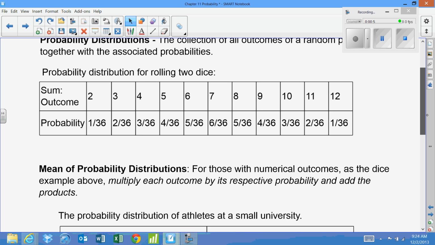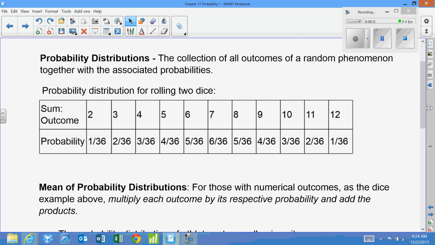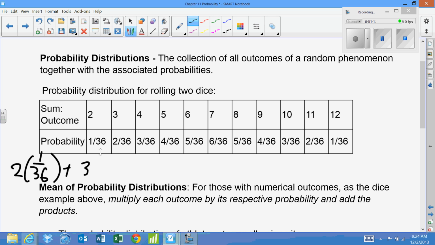In order to find the mean of the probability distribution, all you need to do is multiply your outcome by your probability. And you can only do that when you have numerical outcomes. So for example, on this one, to find the mean, we would take 2 times 1 out of 36. We would add it to 3 times 2 out of 36.